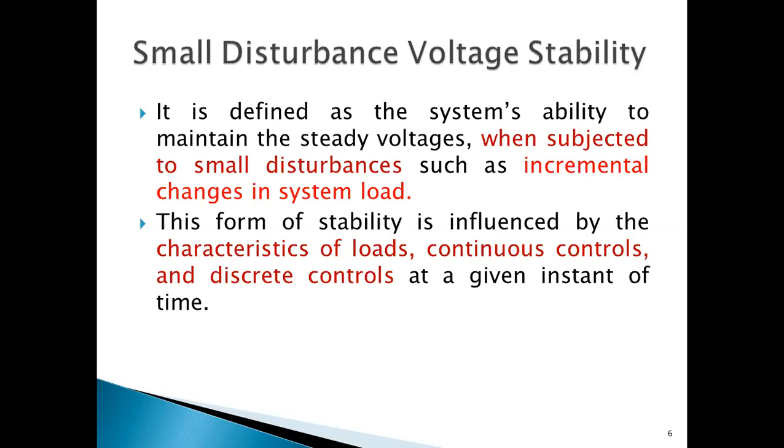It is defined as the system's ability to maintain steady voltages when subjected to small disturbances such as incremental changes in system load. This refers to a gradual increase in system load. This form of stability is influenced by the characteristics of loads, continuous controls, and discrete controls at a given instant of time.